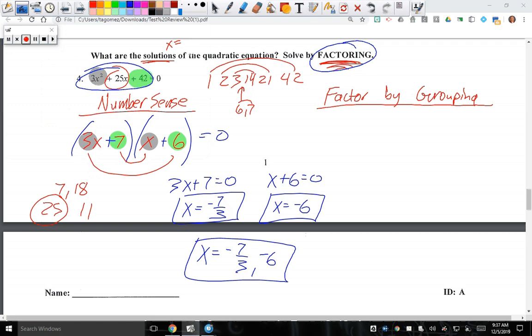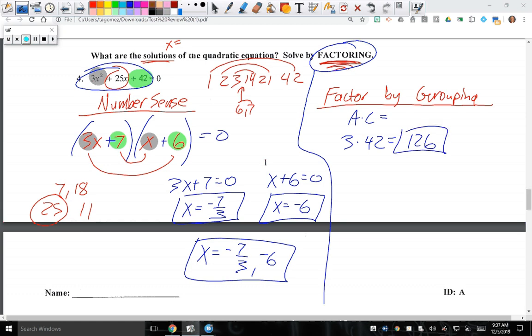Okay? So, factor by grouping. Here we go. We look at our A and C terms and we multiply. So it'll be 3 times 42, and we're going to see what we get. That's 126.